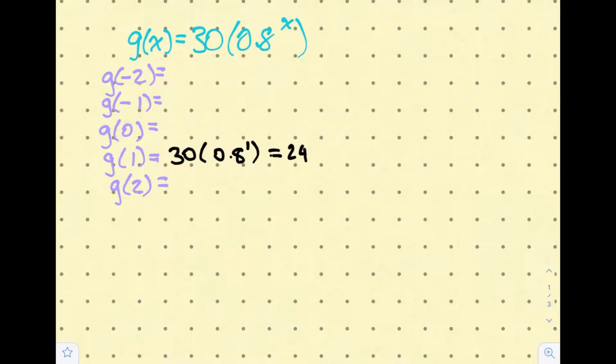If I want to plug in a 2, I would need to evaluate 0.8 squared first, which is 0.64, and then multiply that by 30, which is 19.2. Again, anything to the 0th power is 1, so this is 30 times 1.